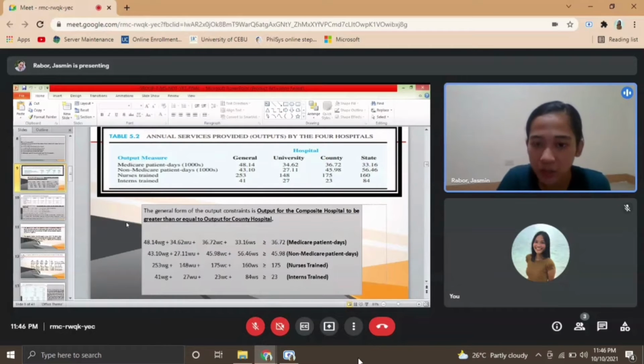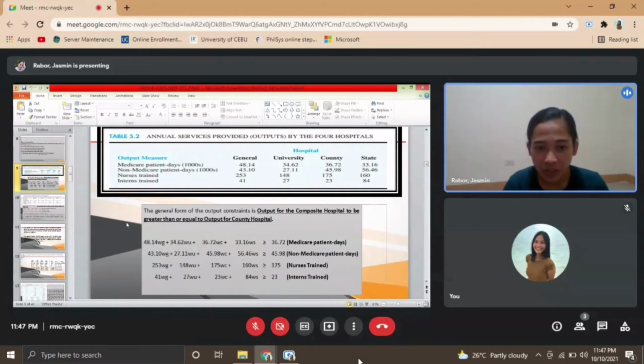Non-Medicare patient days: 43.10 for general, 27.11 for university, 45.98 for county, 56.46 for state. Nurses trained: 253 for general, 148 for university, 175 for county, 160 for state. Interns trained: 41 for general, 27 for university, 23 for county, and 84 for state.